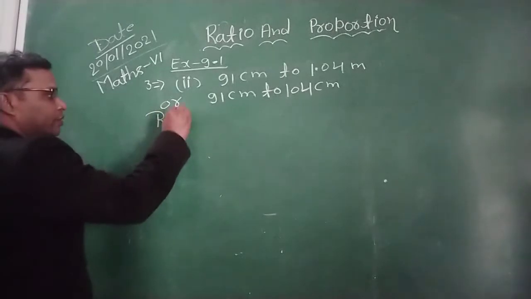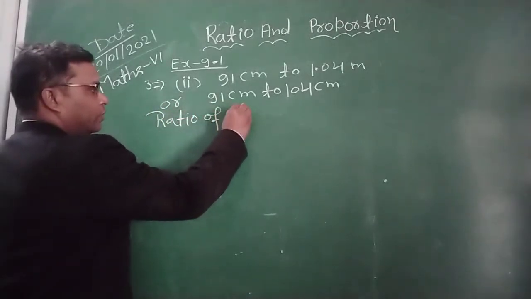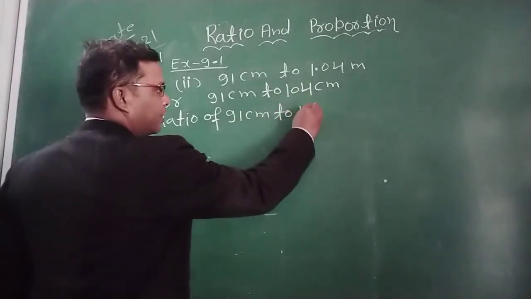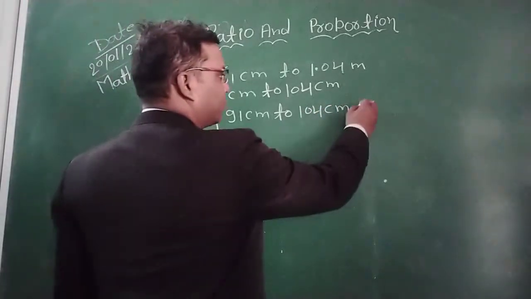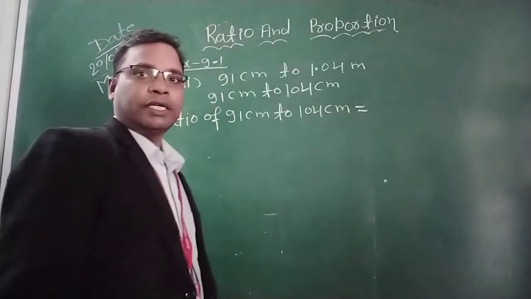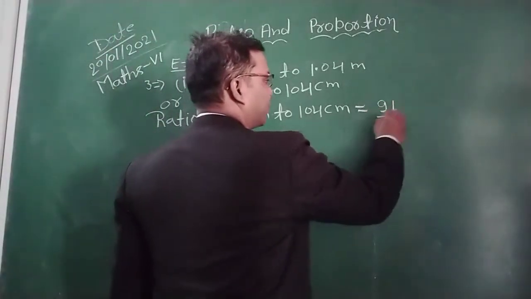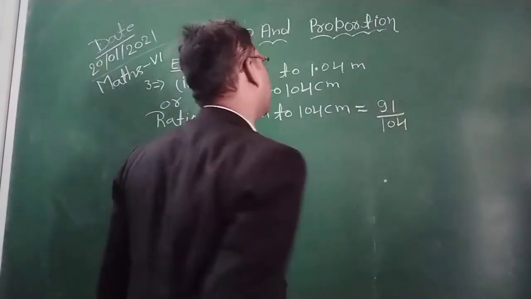So here we write the ratio of 91 centimeter to 104 centimeter. This is equal to 91 by 104.